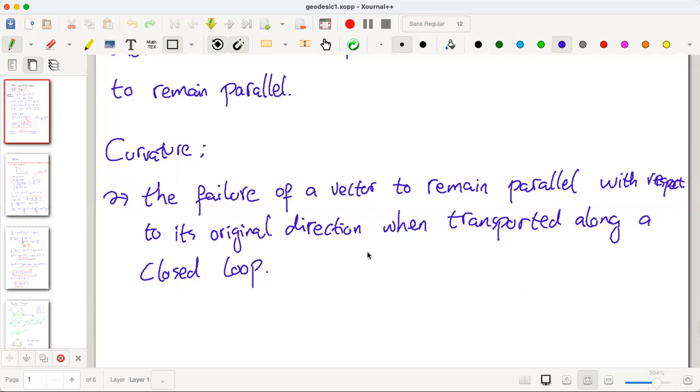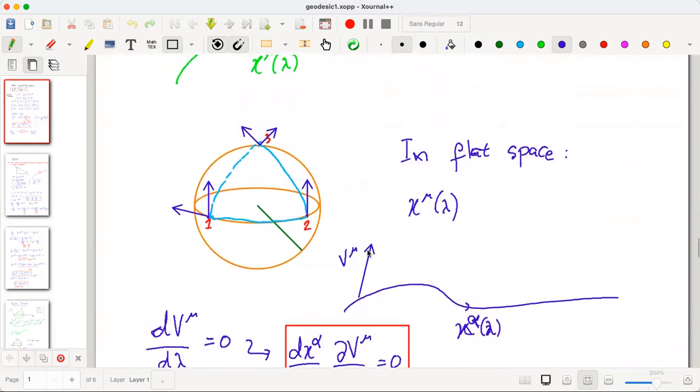Because I can for example pick the closed loop in this example of a sphere to be along the equator. This is the great circle, or the equator. This is a closed loop. If I parallel transport the vector along this equator, it will come back to the same point undisturbed, still parallel.